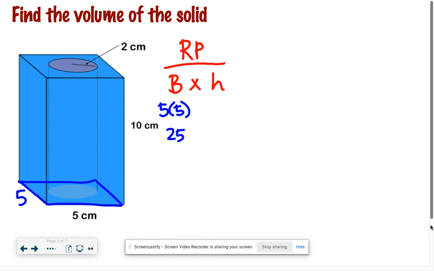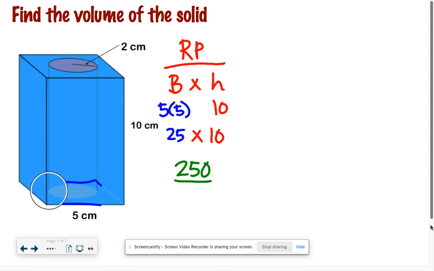Beautiful. Now, how tall is that rectangular prism? Well, it's 10. So now we're going to take that times 10. So now the volume of a rectangular prism is 25 times 10, which is a grand total of 250. Okay, don't forget about that.